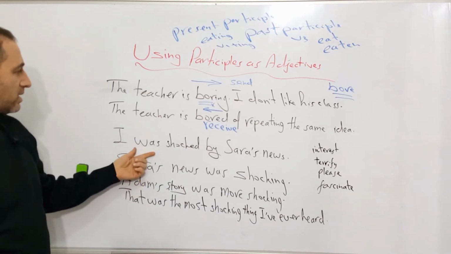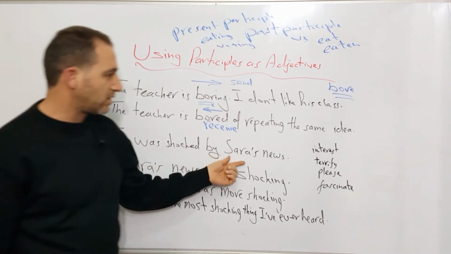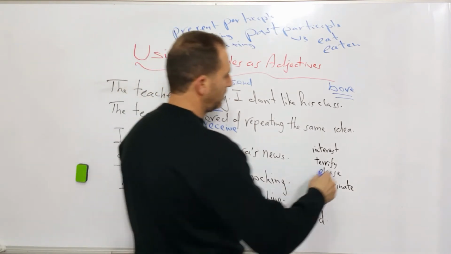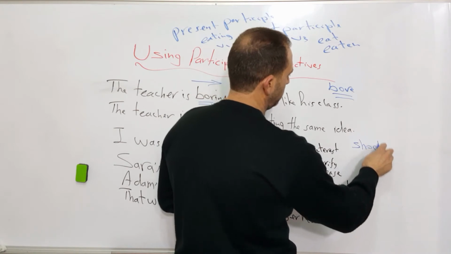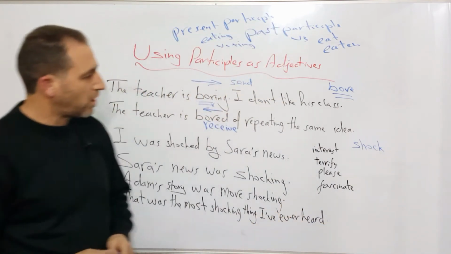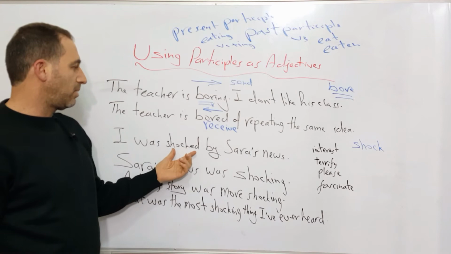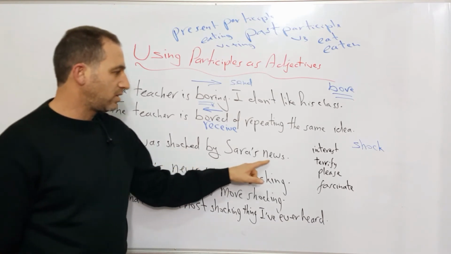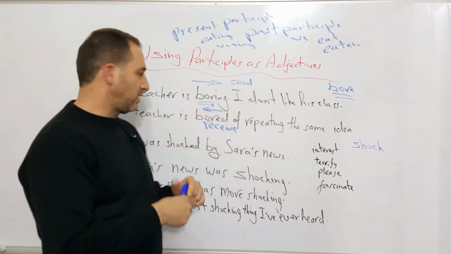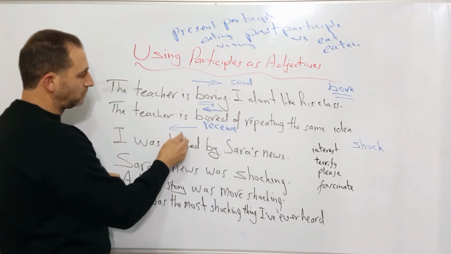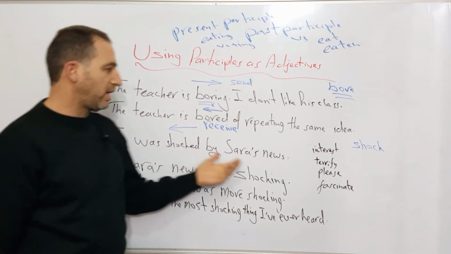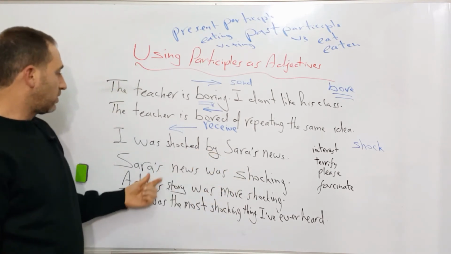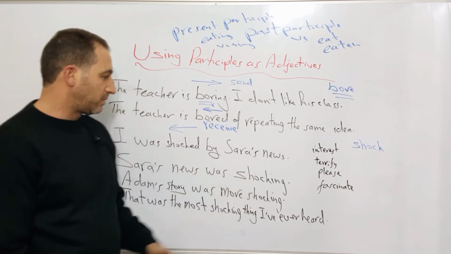Here, I was shocked by Sarah's news. Now I think for sure you know this verb, shock. This is a regular verb, shock. So I'm going to use it as a past participle here. So I was shocked by Sarah's news. So I was affected. I received. Of course, shocked is an adjective. Here, Sarah's news was shocking.